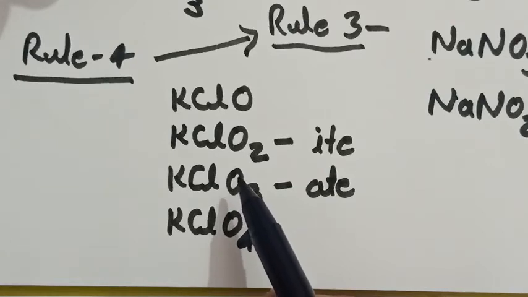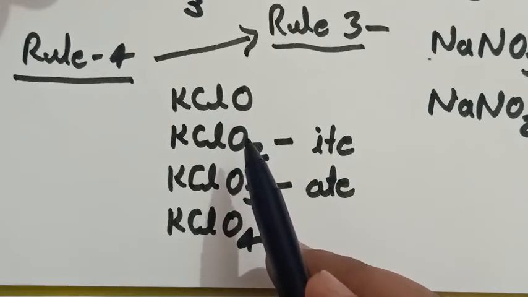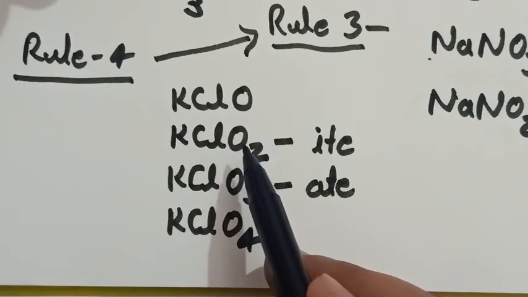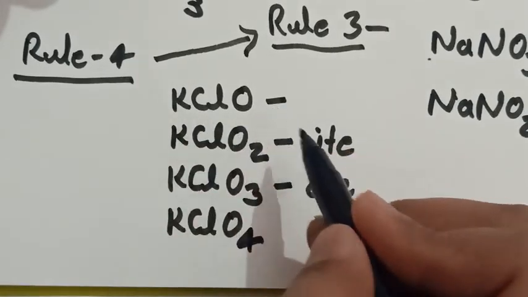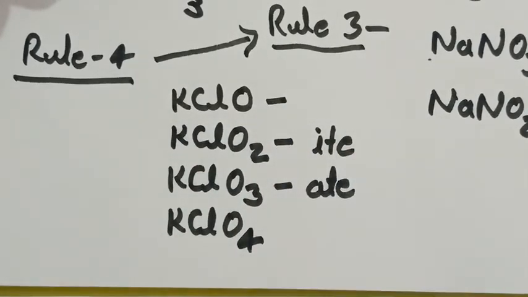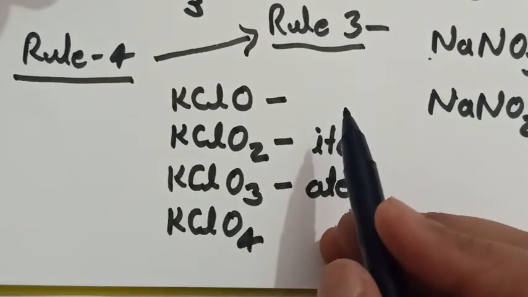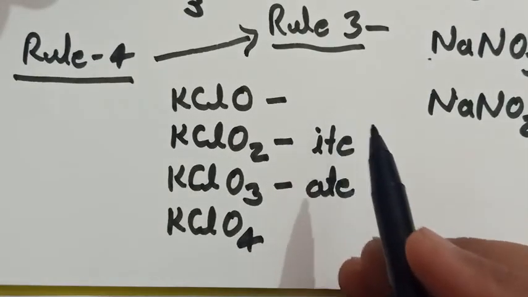But if in a compound oxygen is less than its ite form, then we give the prefix hypo. What will be the name of this? The name should be just like KClO2, but we add the word hypo before it.